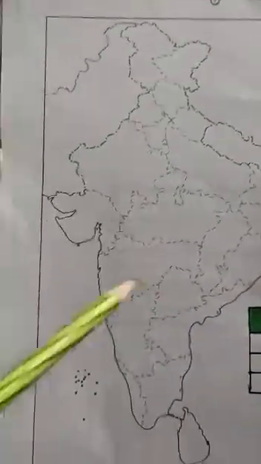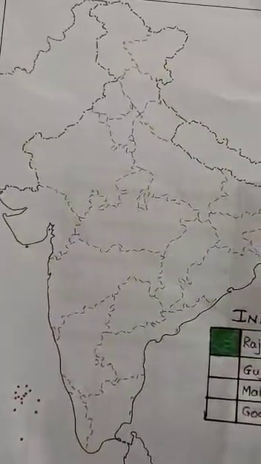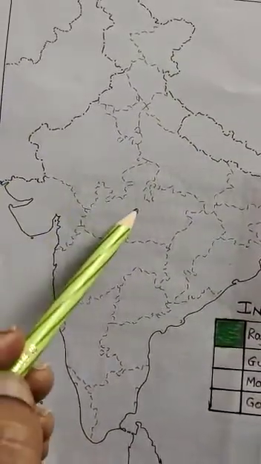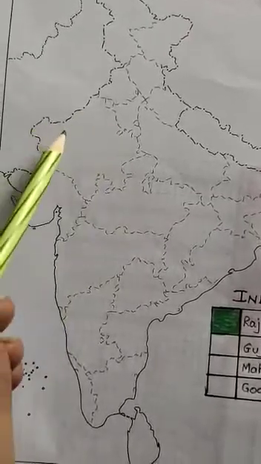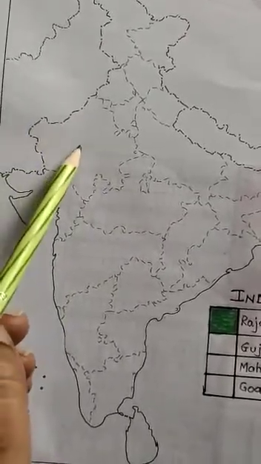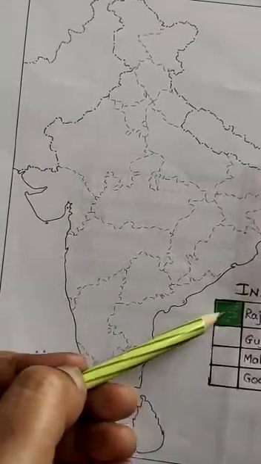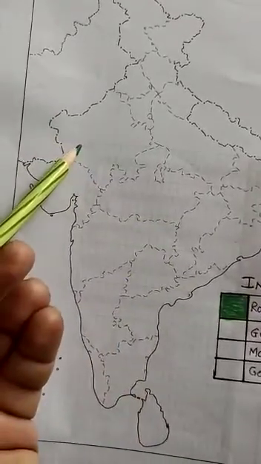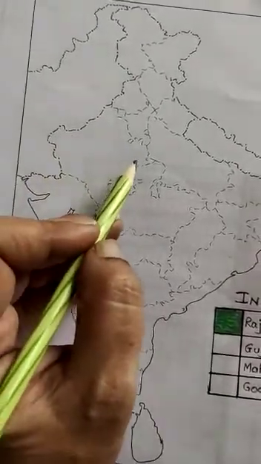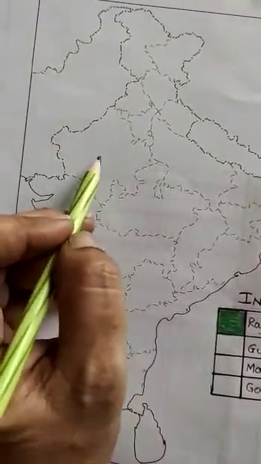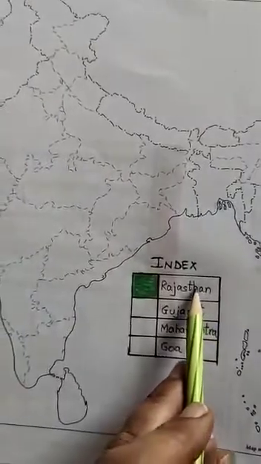So, what are we going to do? On the political map of India, we are going to find out where Rajasthan is. Where is it? This is Rajasthan. Am I right? No, this is not Rajasthan. Here, Rajasthan is right over here. So, we are going to use the same green color to color Rajasthan over here. We will not be writing Rajasthan here, because we have already marked it in the index.